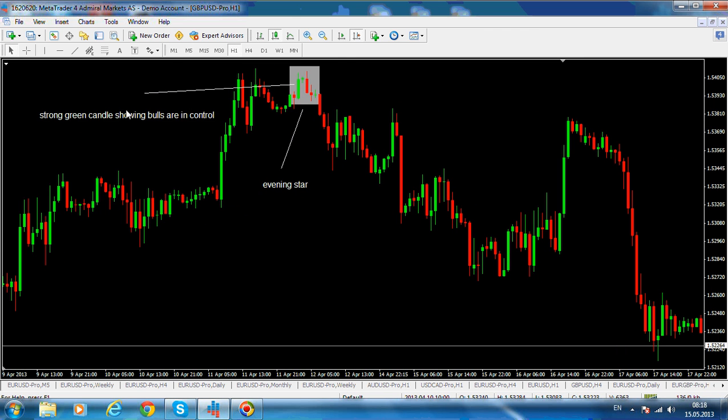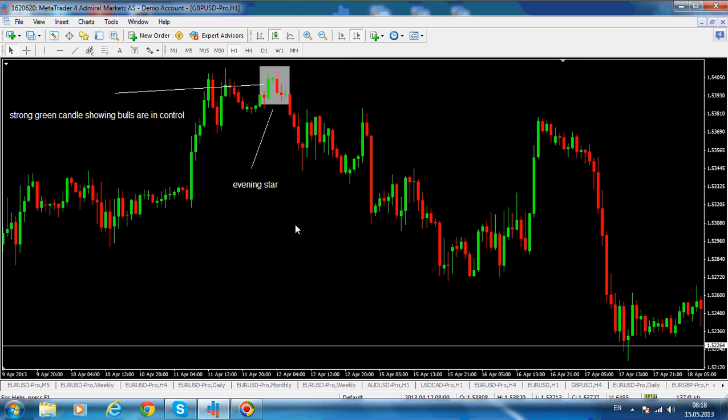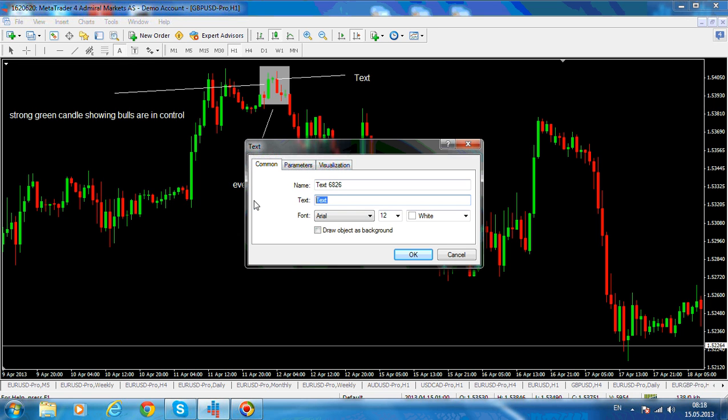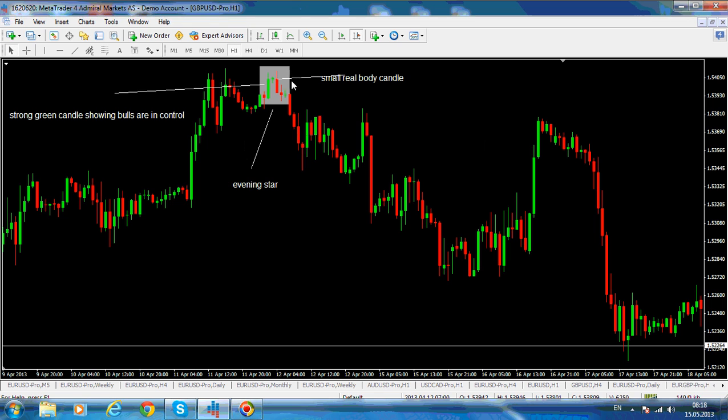Then you have a small candle in the middle, in this case with a green body. So a small real body candle, this one in the middle. And the third candle in the group is the red candle.